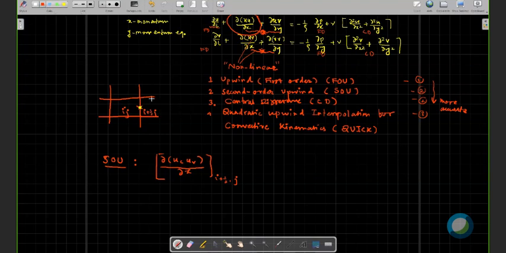Then you have this ij, and then you have this I plus 1 j, and you have this I minus half j, and this one here I plus 3 by 2 j.